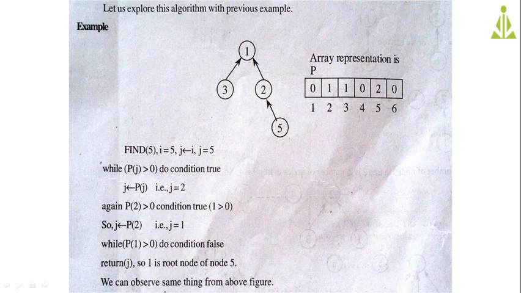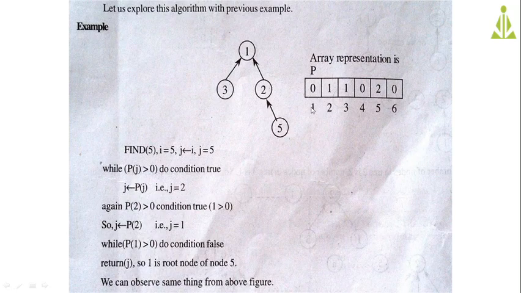Okay, we can observe the same thing in the above figure. For node 5, the parent is 2, so it comes to the second element, and from the second element it checks: yes, for the second it is 1, so then again it goes to 1 and checks.